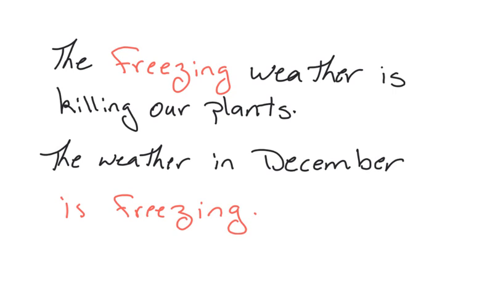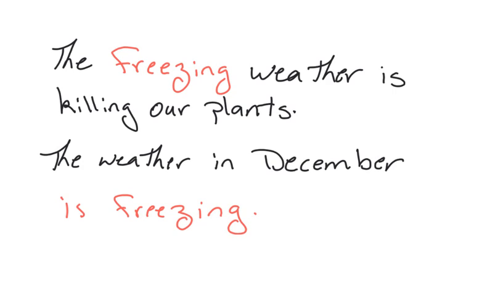Now if you look at the other verb form, which is killing here, this is preceded by a helping verb. In this case, the whole thing is a verb phrase. And in no case is this a participle, and it does not function as an adjective, but functions as a verb. Now let's look at the second example sentence: the weather in December is freezing.